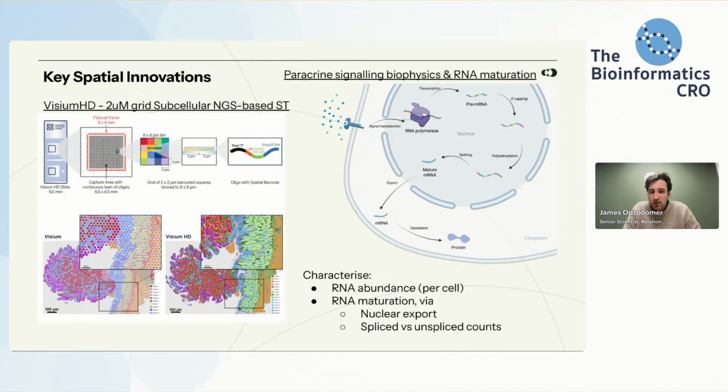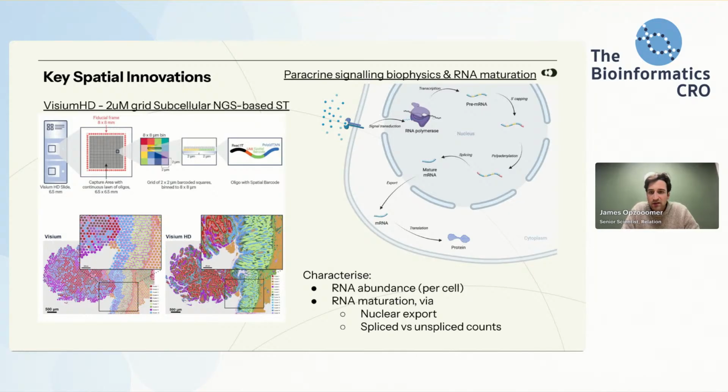So the work that I'm going to show you today is really focused on 10x Genomics' Visium HD platform. And this is one of these sequencing-based spatial transcriptomic technologies where the increased resolution in this generation of platform, now 2 micrometers, has really enabled subcellular resolution, allowing us to track several biophysical processes that are shown here on the right.